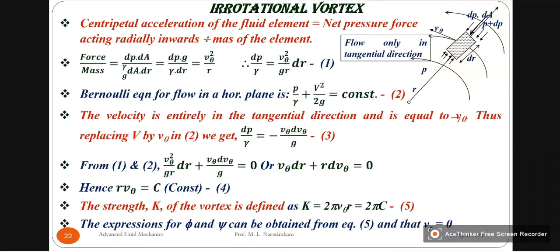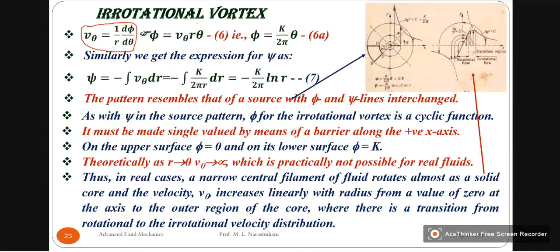V theta is C by R. From this, V theta is equal to C divided by R. So use that, you will get this expression for phi. Now, similarly, you get psi as this.